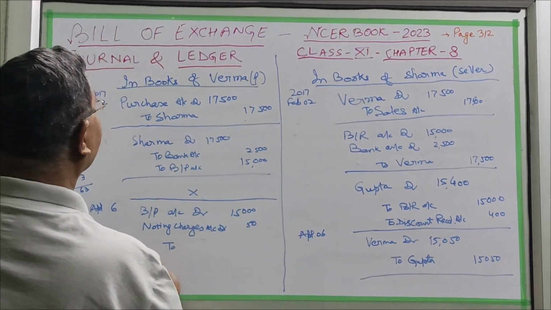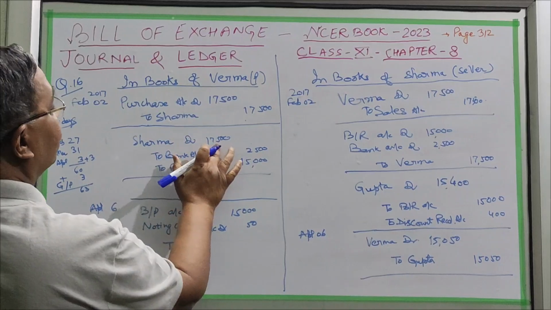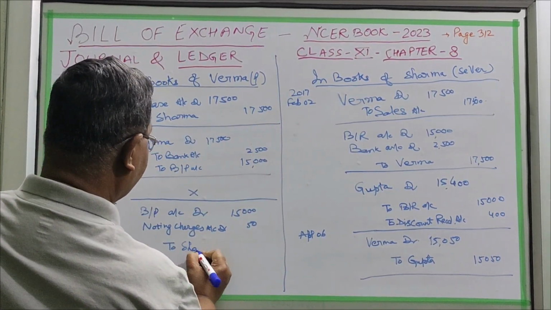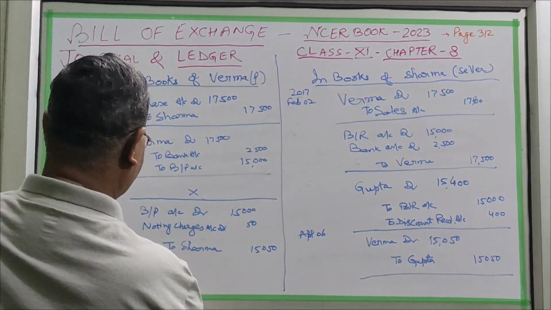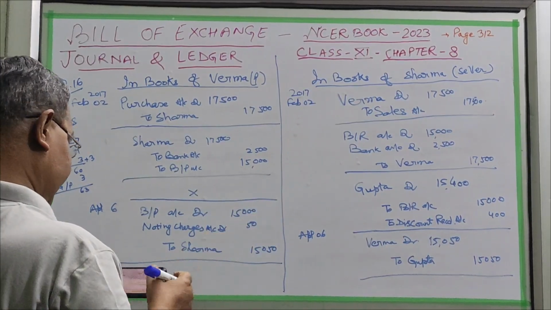To this sum he will pay to Sharma. Sharma's account was closed before this, so now he will pay to Sharma 15,050, and write BR is dishonored and noting charges was paid.